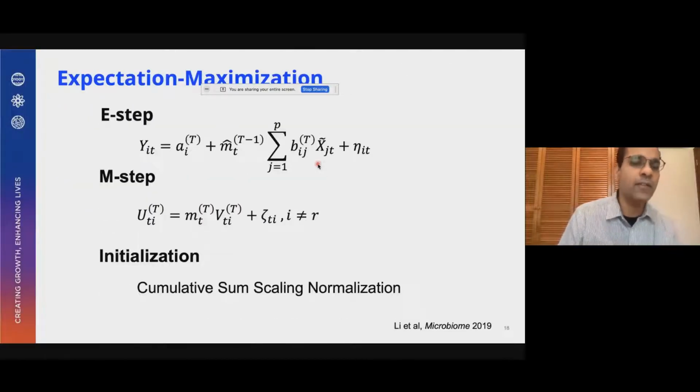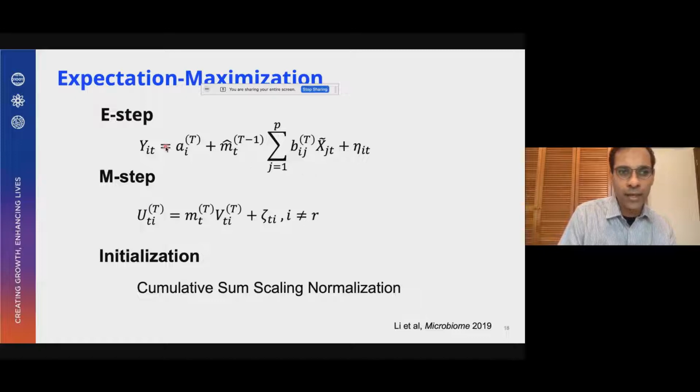It's a very neat trick which says, under certain conditions, if you set things up just right, you can iterate between learning the model parameters, a_i and b_ij, with an assumption for the missing data, the m_t, from the previous iteration. And then once you have the model parameters, you can go back and get a new estimate of the unknown missing information, which is the m_t here.